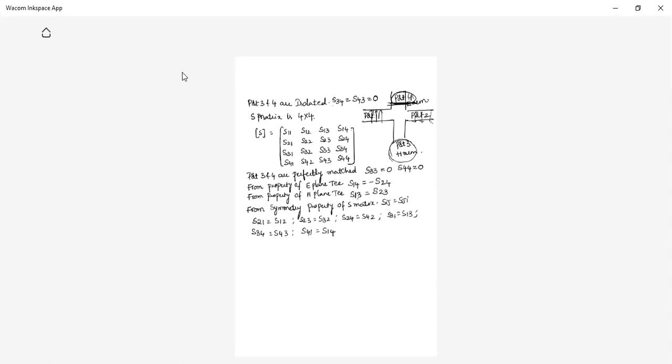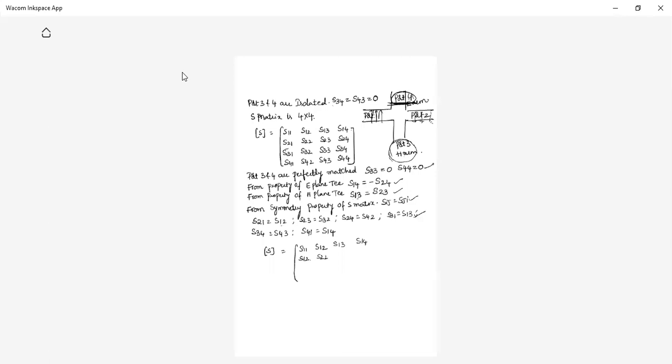Now, the S matrix can be written by applying these conditions. How can the S matrix be rewritten? The first row doesn't change: S11, S12, S13, S14. S21 becomes S12. S22 doesn't change.